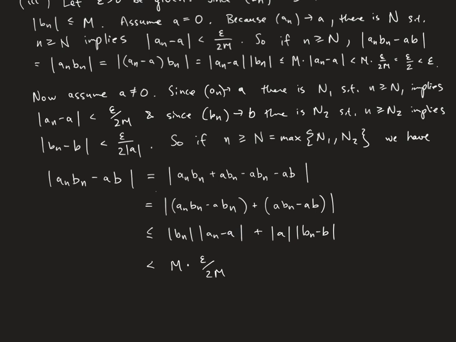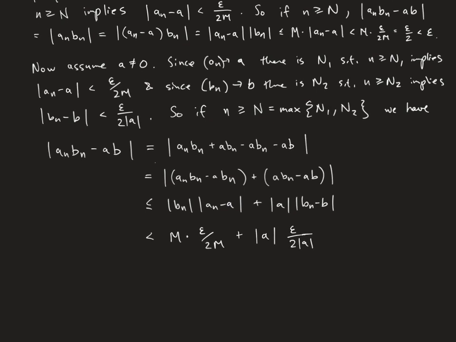The absolute value of a is just the absolute value of a, and the |bn − b| are strictly less than epsilon over 2|a|. And so this all just works out to be epsilon over 2 plus epsilon over 2, which is equal to epsilon. So we have this less than epsilon, and so that completes the proof.